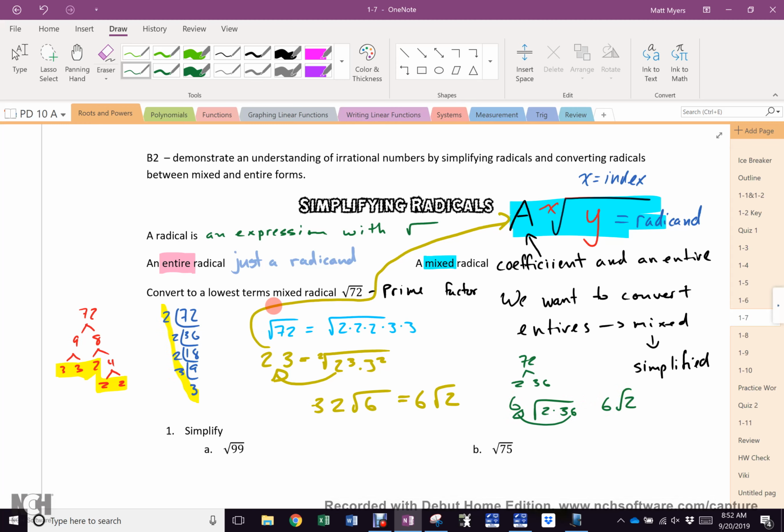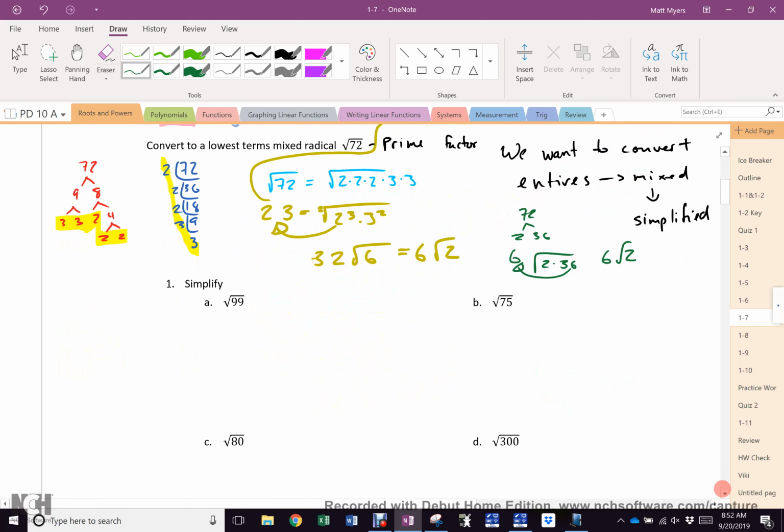Everybody cool? So let's look at 99. What should be the first 2 factors I use? I should use 9 and 11. Why? Well, first of all, that's the only factors it has. But it also has 3, right? 3 times 33. But why would I use 9 and 11?